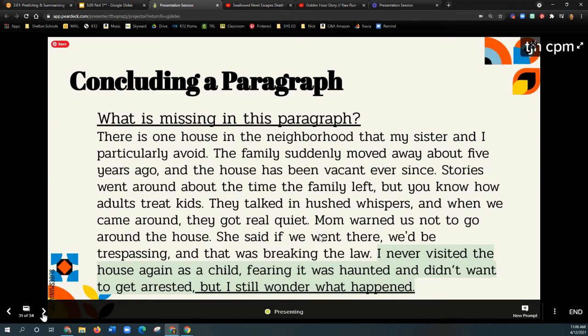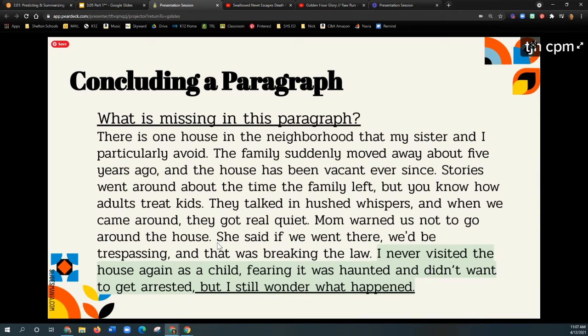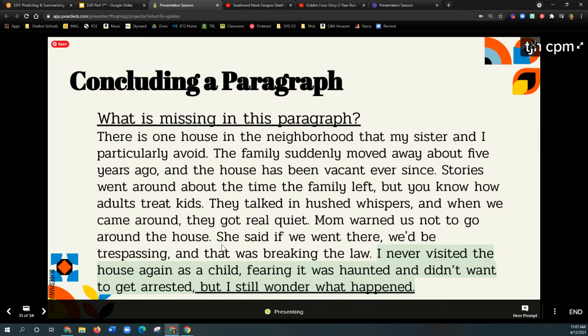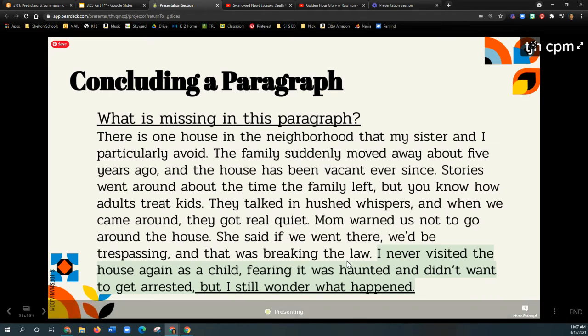So it was ending with this thought that the mom warned us not to go around the house. She said that if we went there, we'd be trespassing, and that was breaking the law. So I added this sentence to bring a stronger sense of closure.